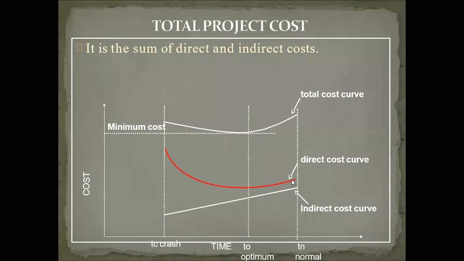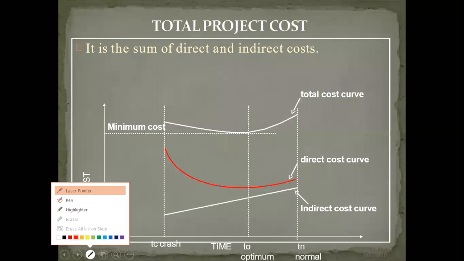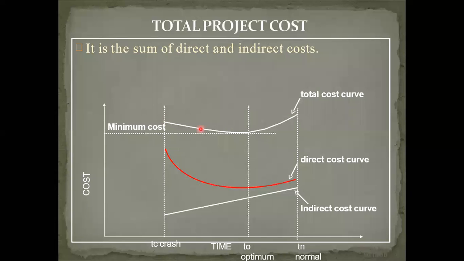Then the total cost. How does the total cost work? If you add the direct cost and the indirect cost, these two costs give us a combined curve like this. The white line at the top, where I am moving my laser cursor, gives the total cost curve.